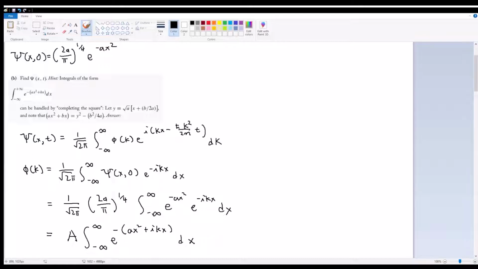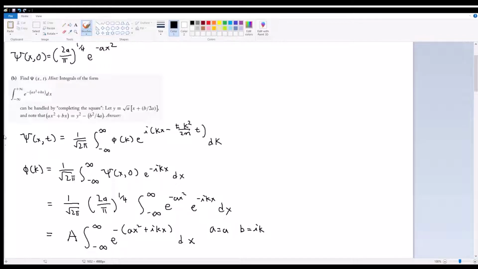So what we've done here is just redefine this exponential in terms of the form we've encountered. We don't really know how to solve this off the top of our head, so Griffiths has kindly provided us a hint via a method known as completing the square. So we're going to redefine these variables. a here is clearly just equal to a, and b is equal to ik.